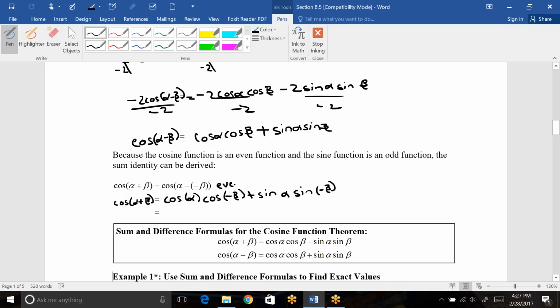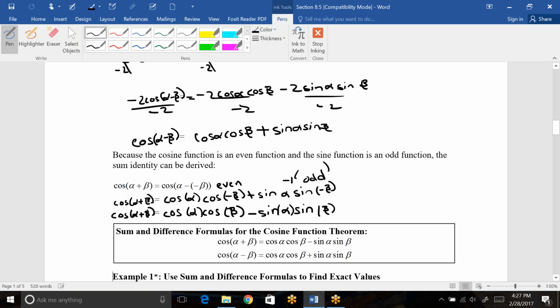Because cosine is an even function, a negative inside is the same thing as having a positive inside. So that would be cosine alpha cosine beta. No negative anymore because those are equivalent. Sine, though, is an odd function, which means it has origin symmetry. So that actually pulls a negative 1 out front of the sine when you have a negative inside. So that will change the sign of this second term, and then it'll turn back into just being beta.